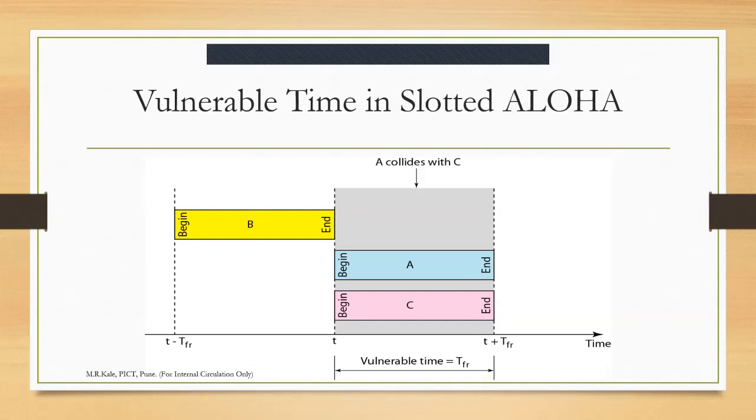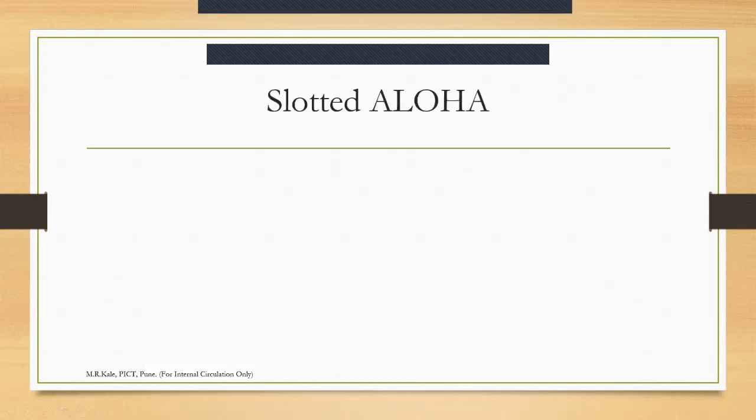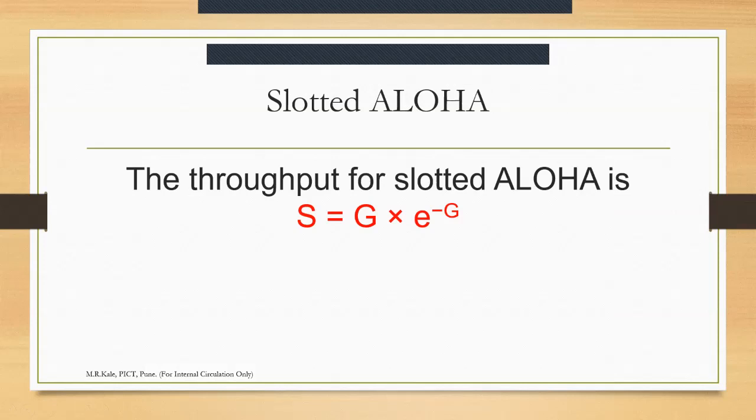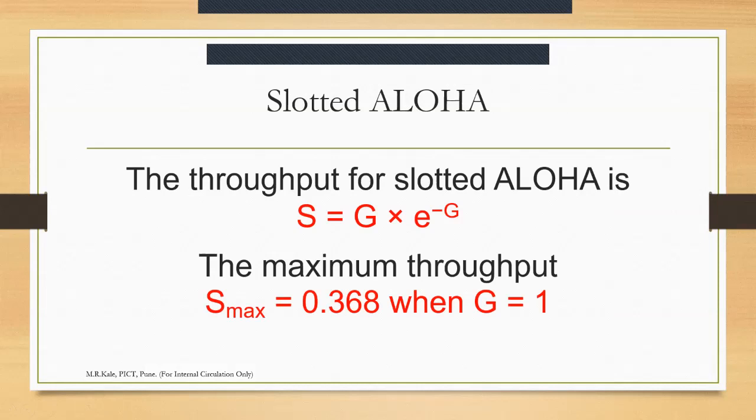So it is half of pure ALOHA, due to which the throughput of slotted ALOHA is double that of pure ALOHA. So the maximum throughput, when G is equal to 1, is 0.368, that is 36.8%, which is exactly double that of the pure ALOHA protocol.